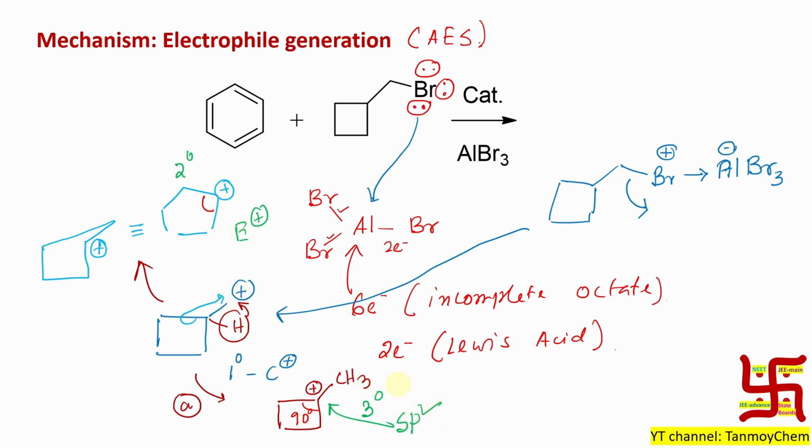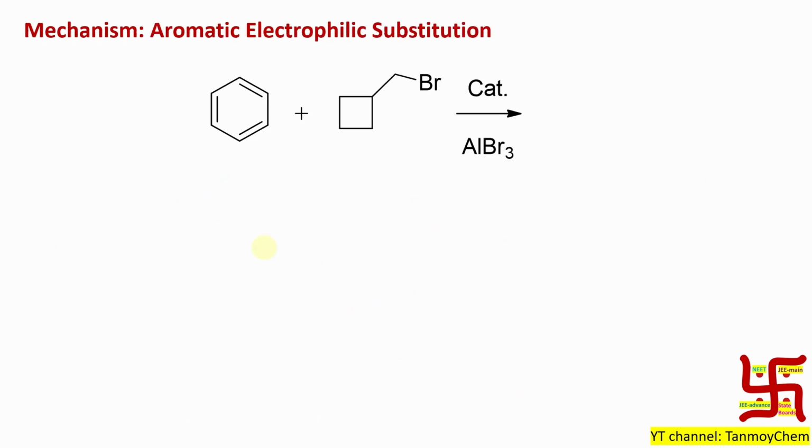So you can say this carbocation is associated with ring strain or angle strain, means less stable compared to this one. So that's why this secondary carbocation will be produced as the intermediate, and it will act as electrophile, and it will participate in the next step of reaction, that is aromatic electrophilic substitution.